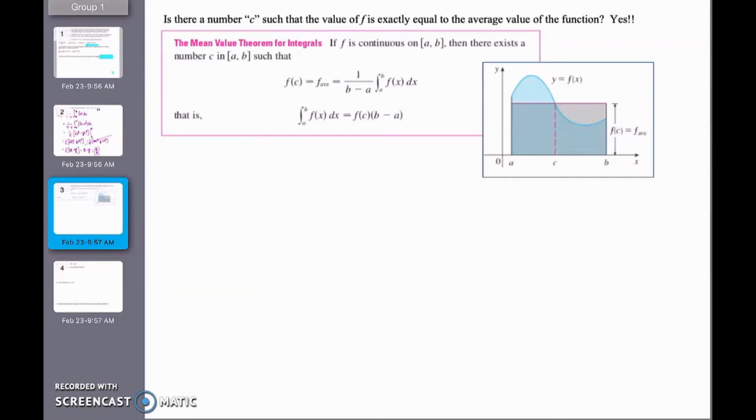If I take this equation and do a little bit of manipulation, multiplying both sides by b minus a, I end up with this new equation: the integral from a to b of f of x dx is equal to f of c, our average value of the function, times b minus a. And that can be a useful equation to use as well.